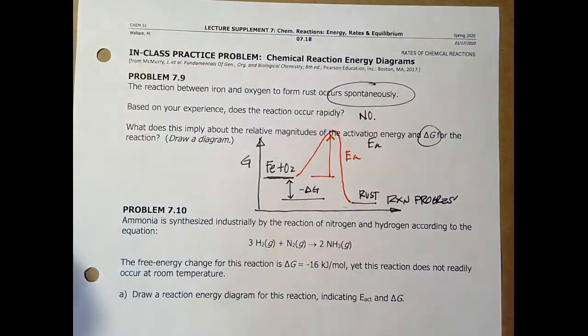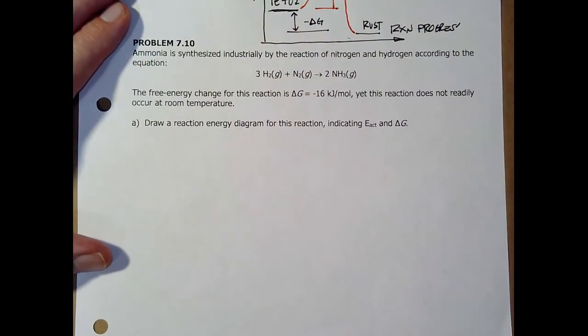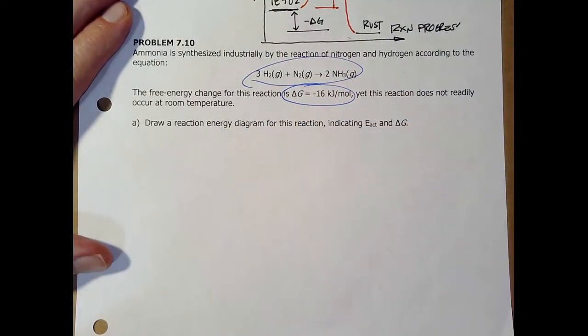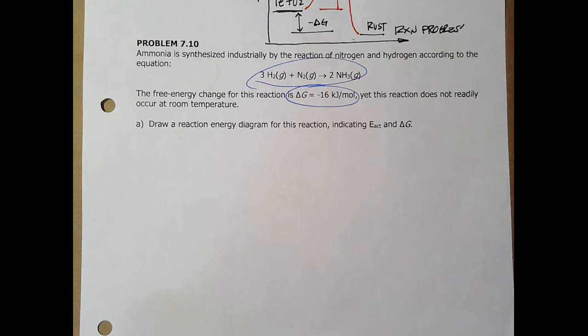One last thing. Now it says, here's my delta G for this reaction, minus 16. But at room temperature, it doesn't really happen. Well, remember, that means if we heated it up, it would go much faster. But at room temperature, it's very, very slow.